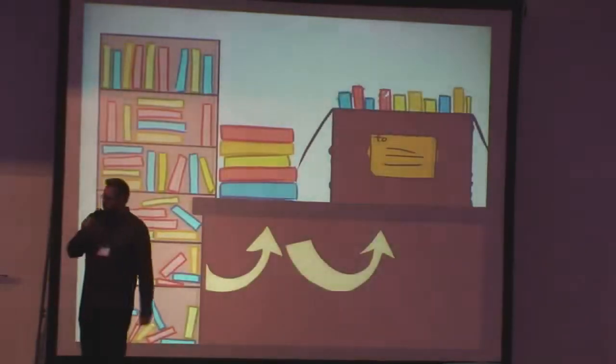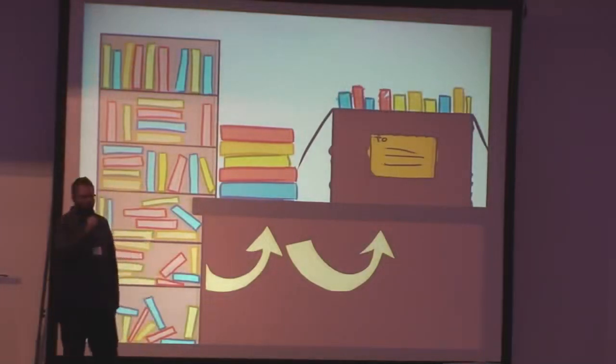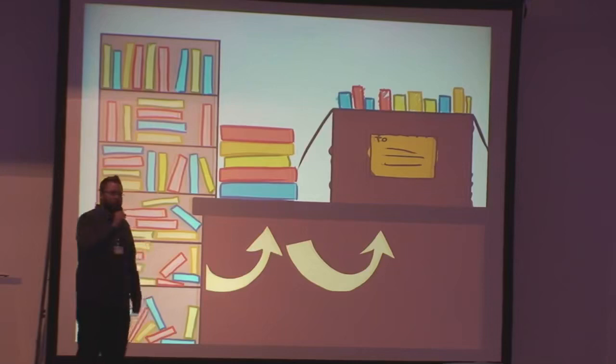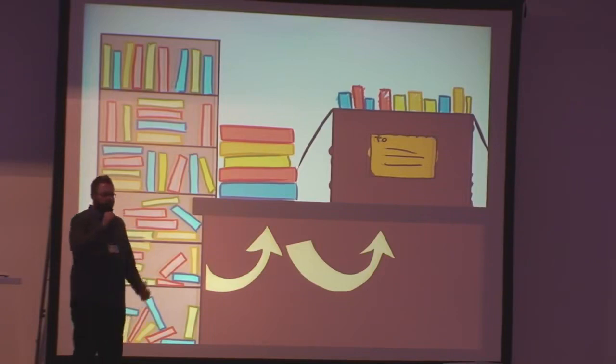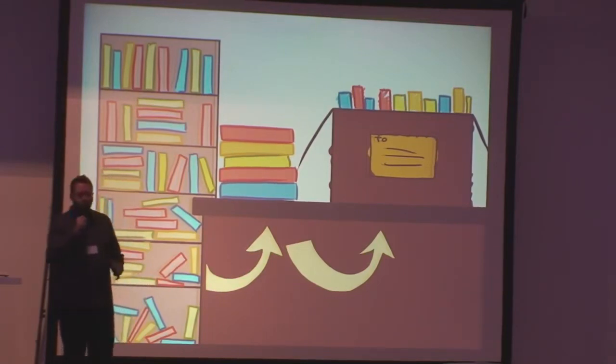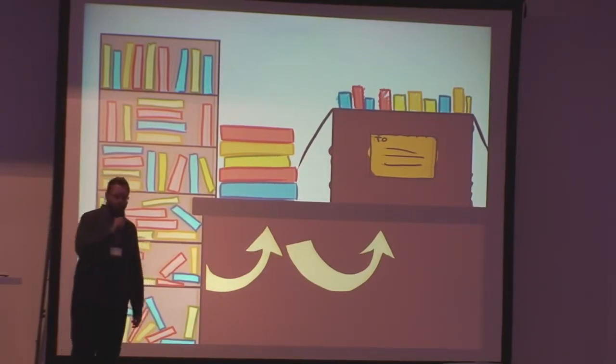So the second Scrum concepts are what in Scrum are called the artifacts. The first one is the product backlog. This is just a list tracked in some manner of all of the development work that is to be or could be done on the product. So whether that be feature enhancements, bug fixes, it's a big list of what can be done on the product.